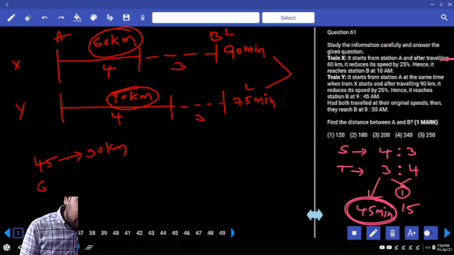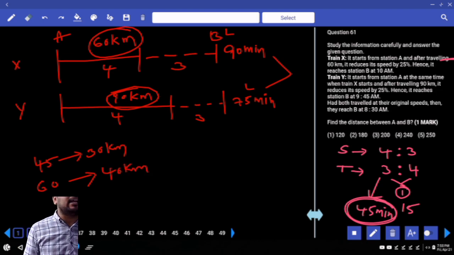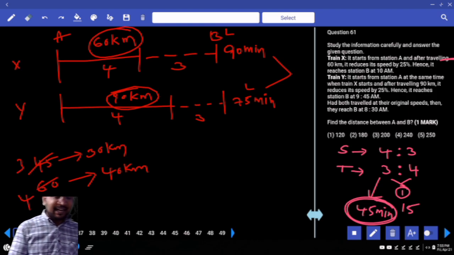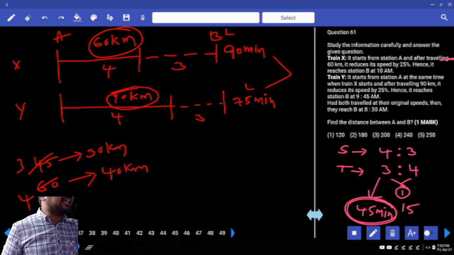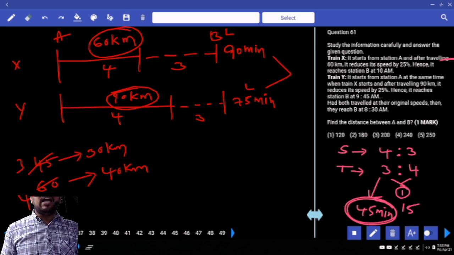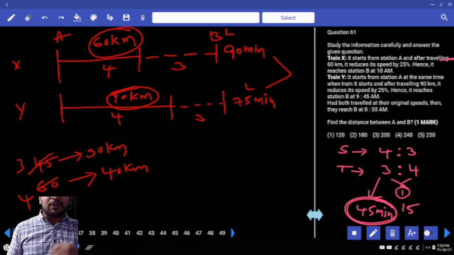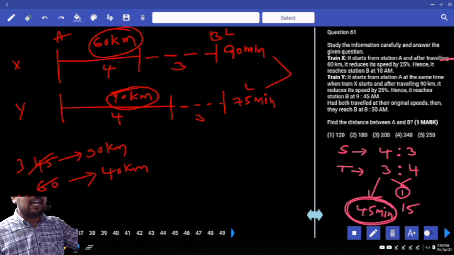Then in 1 hour, how much? 40 kilometers. Are you clear, Nana? Therefore, the original speed of train X and train Y is 40. After traveling some distance, they reduce it to 30. Are you clear, Nana?